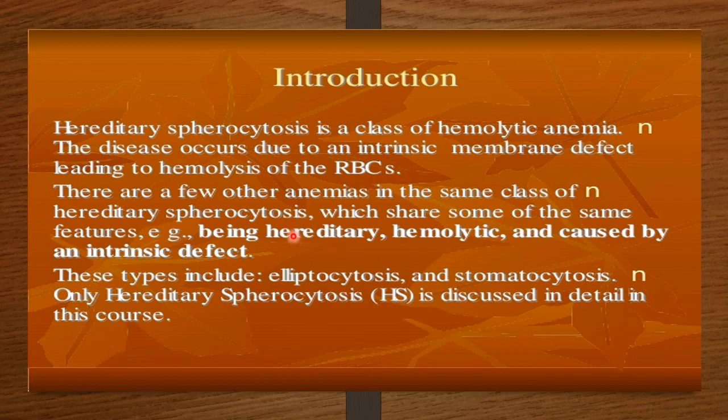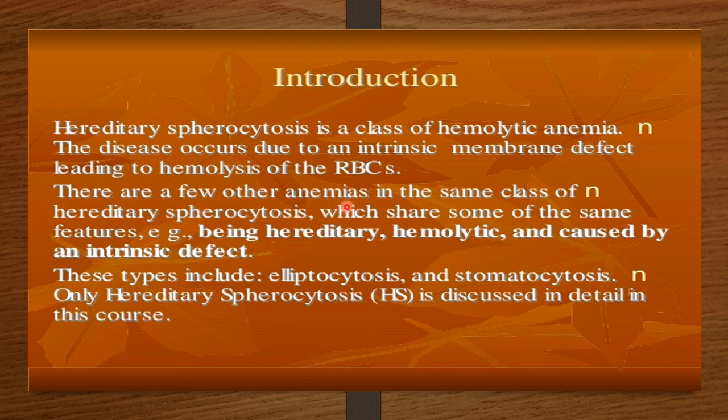So coming on to the first one, hereditary spherocytosis. Hereditary spherocytosis is a class of hemolytic anemia. The disease occurs due to an intrinsic membrane defect leading to hemolysis of the RBC.